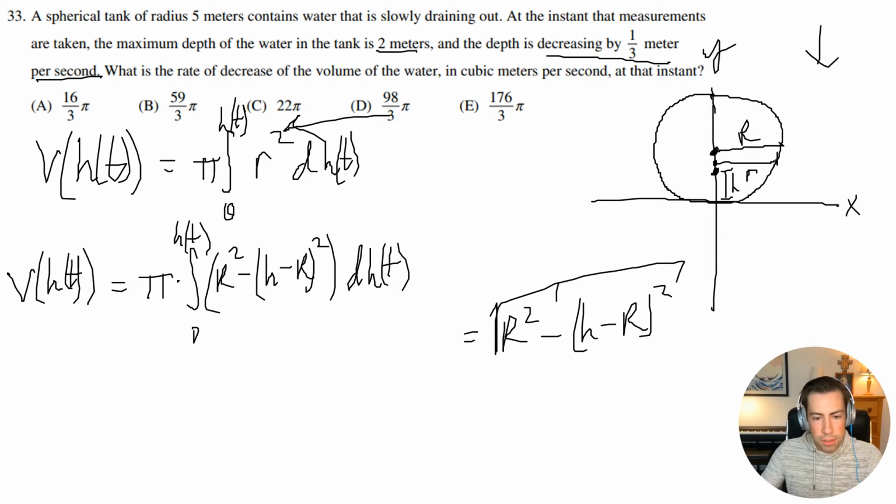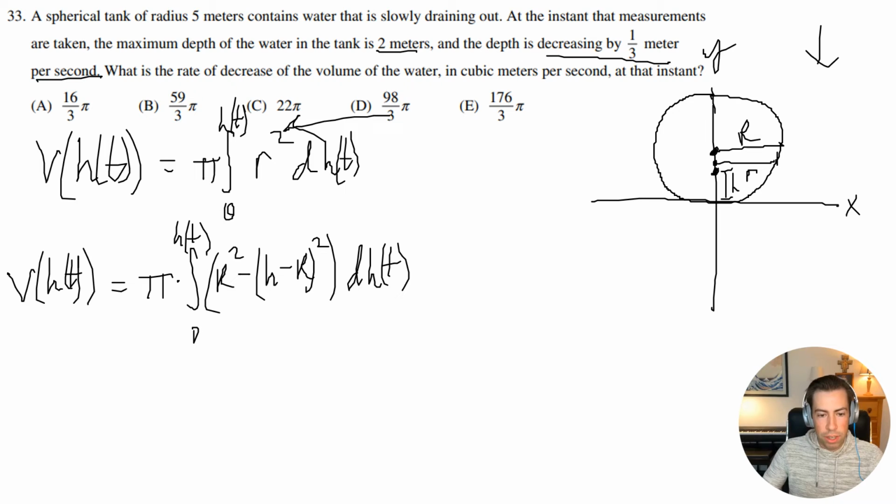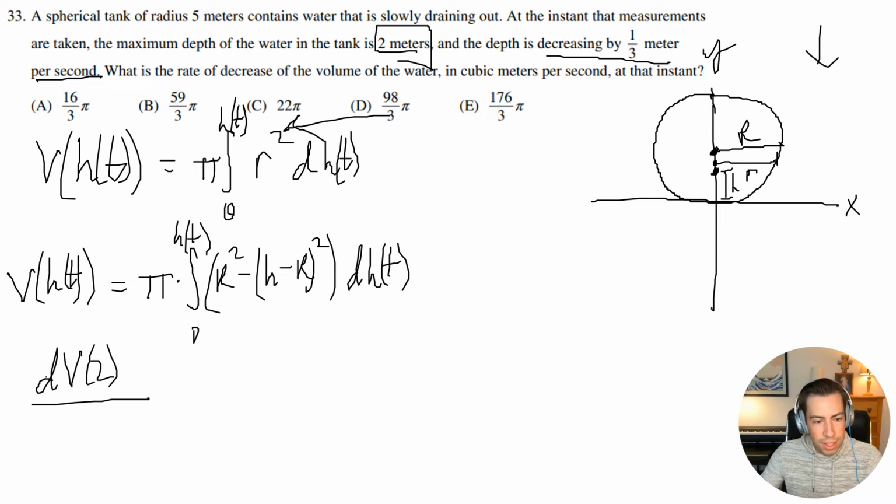Okay, all right, so now what I want to do is figure out, they tell us that at the instant when the water in the tank is 2 meters, so I want the height at 2 meters. So let's see here. What I want is dV/dt.